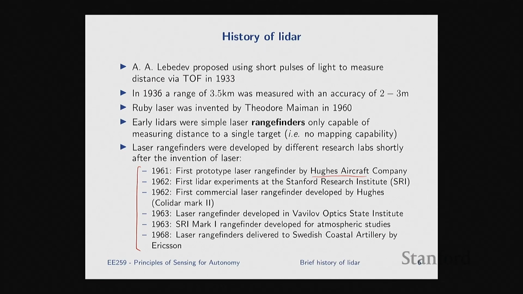And from the early 60s, even commercial laser rangefinders started hitting the market. The first one was from the Hughes Aircraft Company. Very soon after that, actually, Stanford got into the game. The Stanford Research Institute here in Palo Alto started doing the first LiDAR experiments. Again, these were not 2023 LiDAR that gives you a nice 3D point cloud. These were just laser rangefinders. But the core concept and the physics is the same.